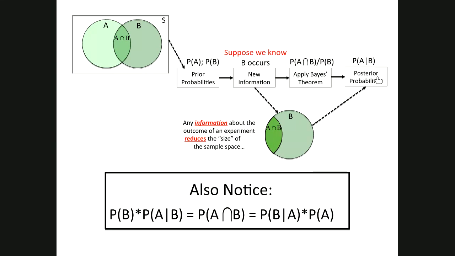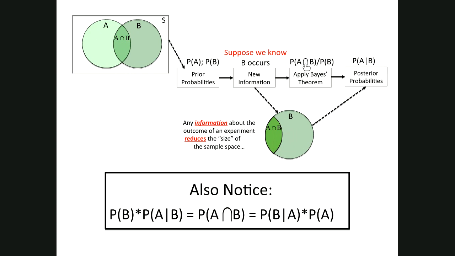In this case, what's the probability of A given B? We know that's this intersection. It's the ratio of this intersection area to the whole area, which is exactly what this divisor is.